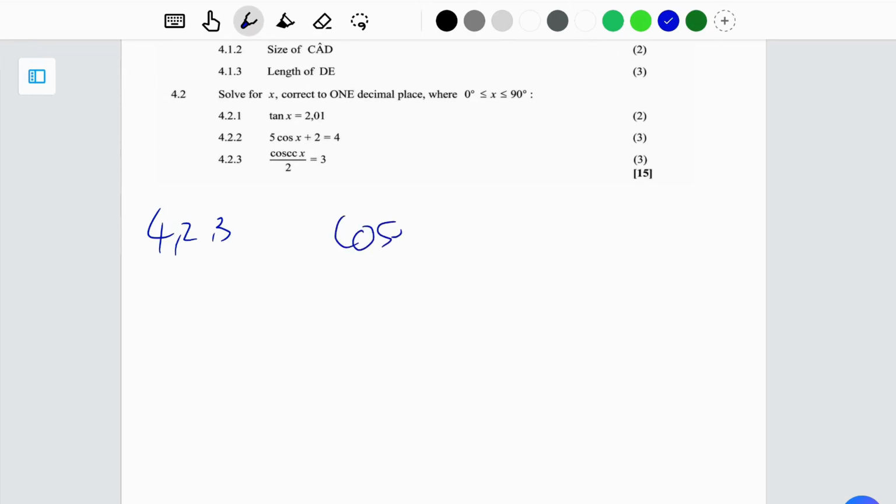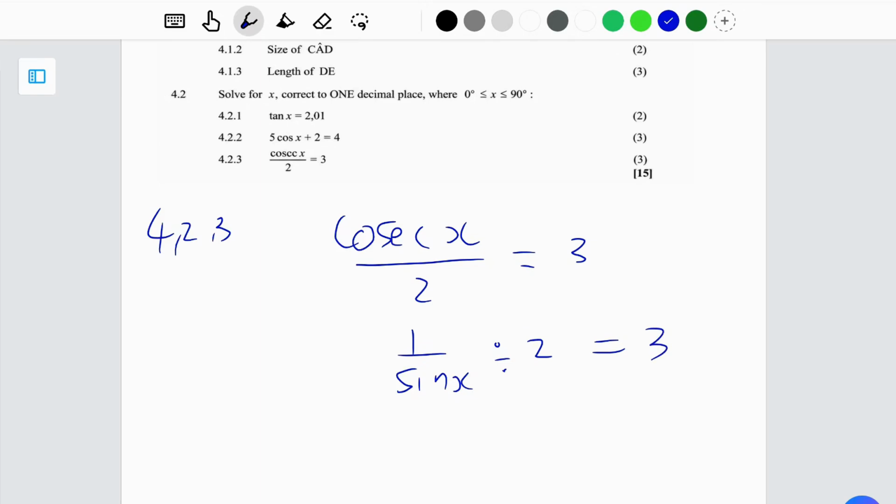We know that cosec x over 2 equals 3. And we know that cosec x can also be written as 1 over sine x, okay? And then it says over 2, so I'm going to say divided by 2, because over 2 means divided by 2, equals 3.